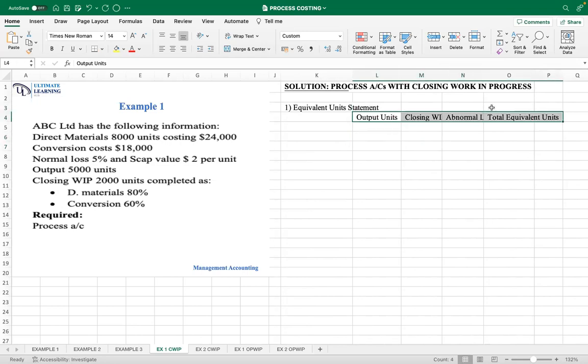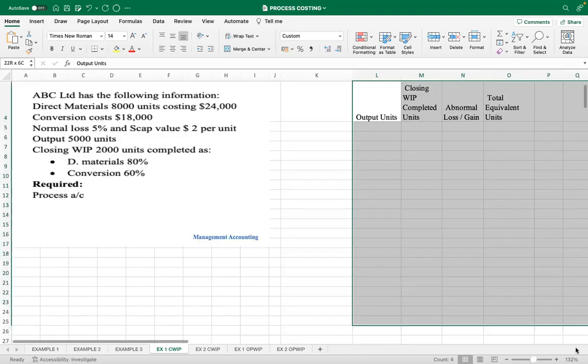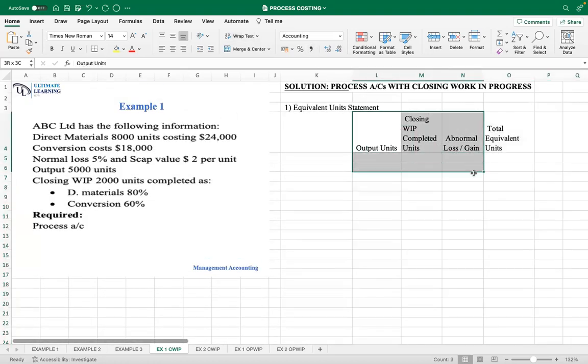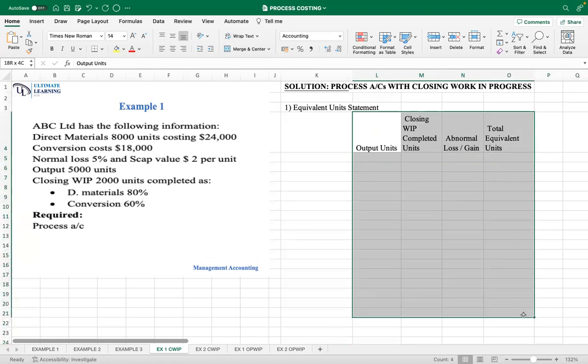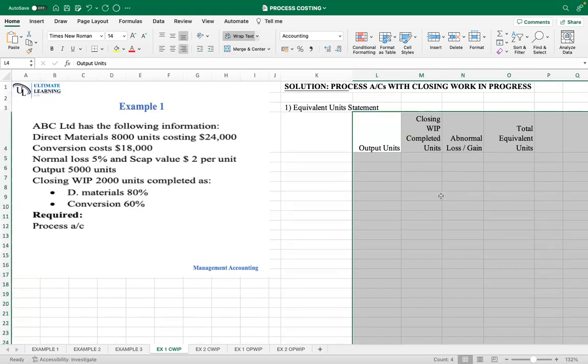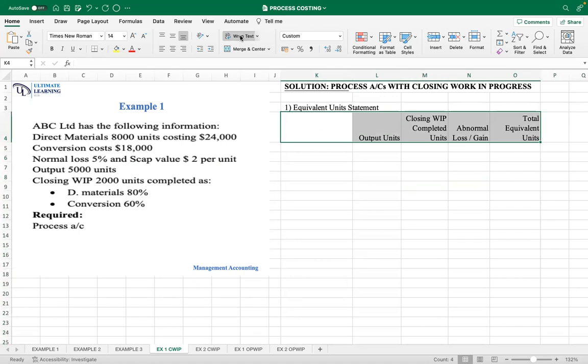So maybe let me wrap these to make it more clear. I'm just making my work neat. Now, here you need to show what items are on the debit side.